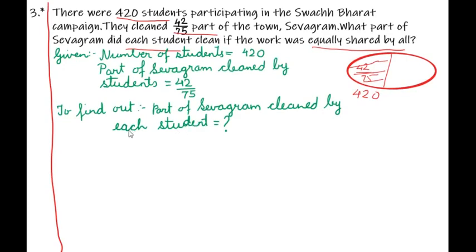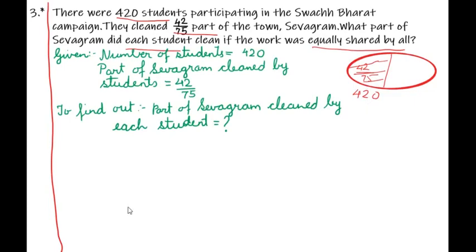Okay. So now in the solution what are we going to do? We are going to find the part cleaned by each student. For that, should we know the total part cleaned by them? So what is the total part cleaned by them? Yes, 42 upon 75 part is cleaned by the number of students, which is how much? 420. So this fraction we are going to divide by the number of students. Okay.